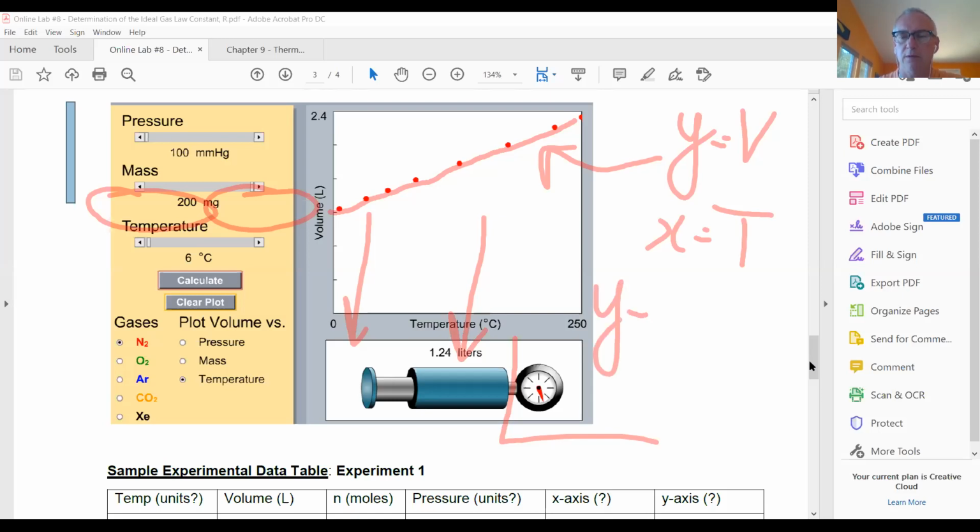So Y equals mx plus b. What's m? M is the slope. Mm-hmm.